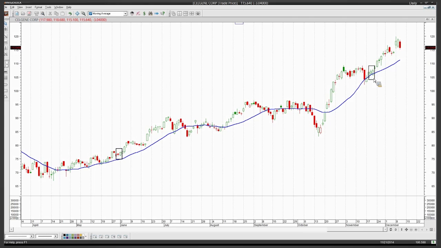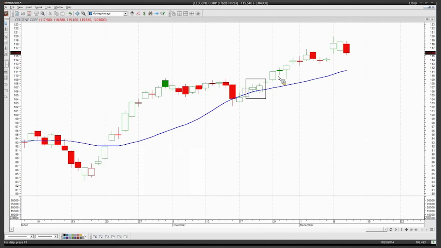So I often get asked, well, if you don't get the reversal during the retracement or that bullish engulfing pattern, do you still take the trade? My answer to that always is, look at the range of that bar. If you're comfortable with the risk, yes, absolutely, you do. And again, you'd still be in this trade if you got in on Celgene back here around the 20th of November.